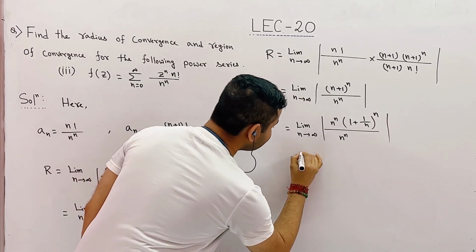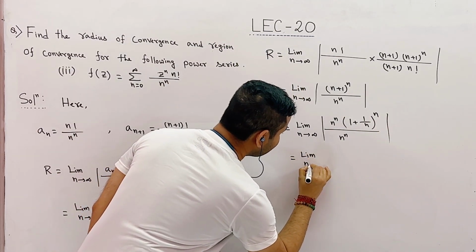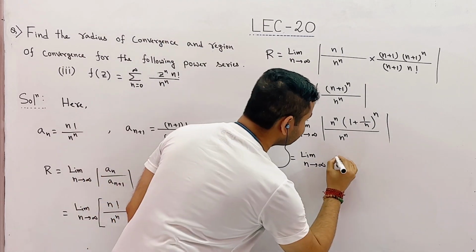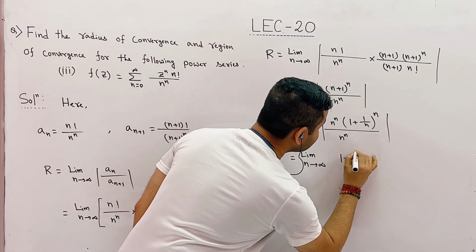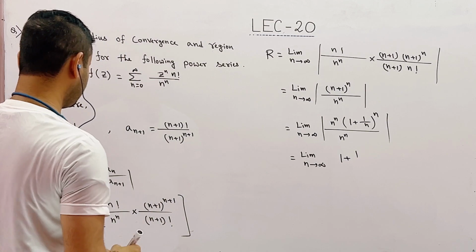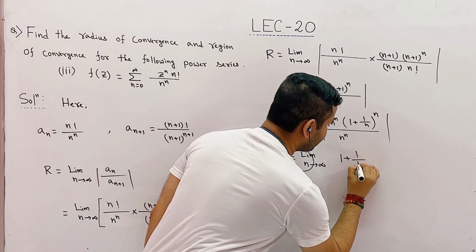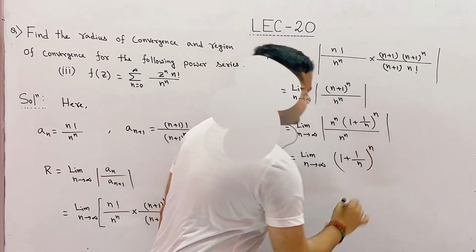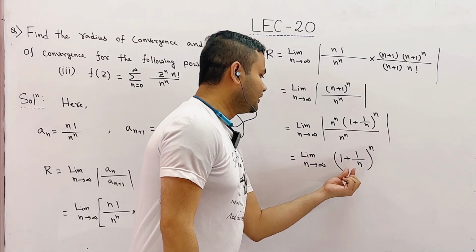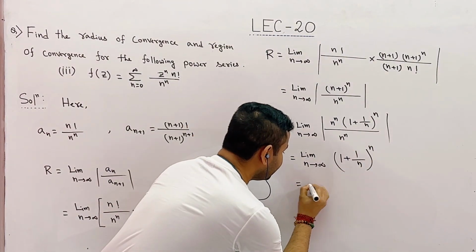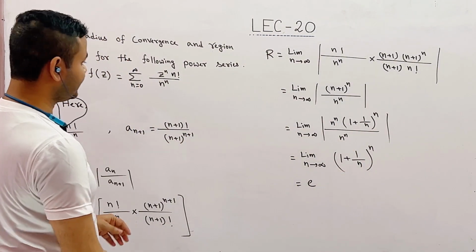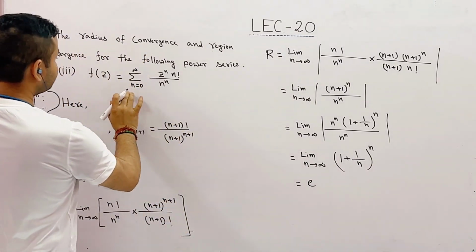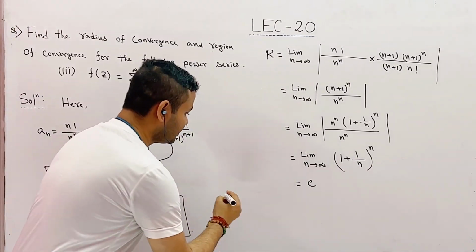So finally we will get limit n tends to infinity 1 plus 1 by n whole to the power n. We know the value of this limit is e. So we have seen that the radius of convergence of this power series is e.